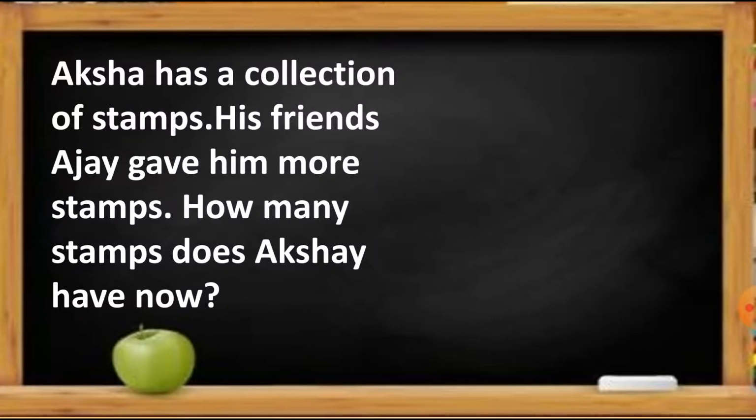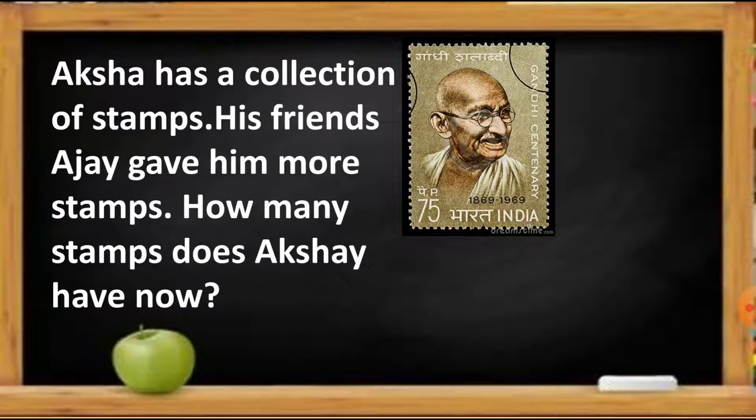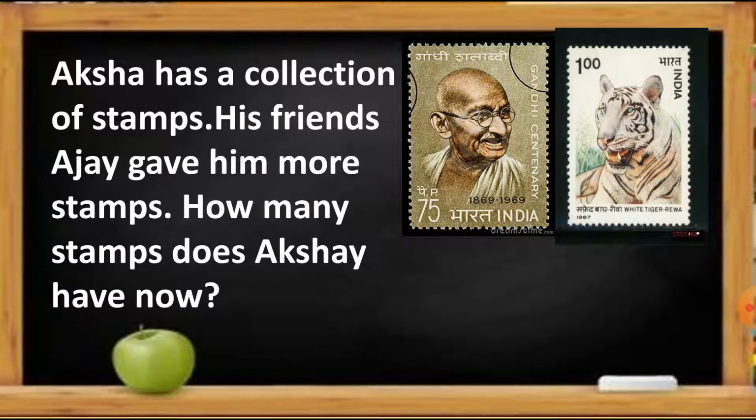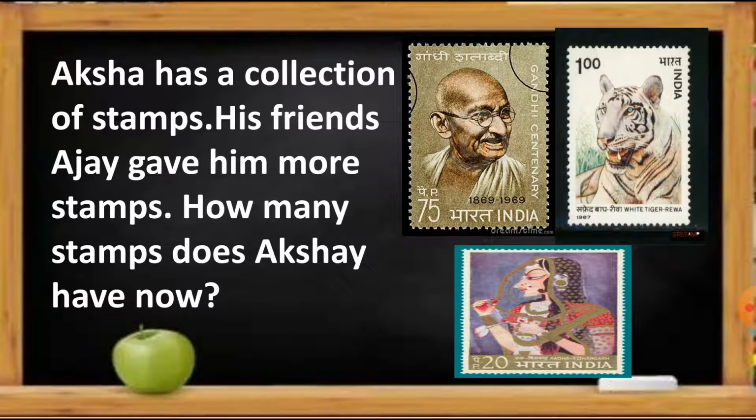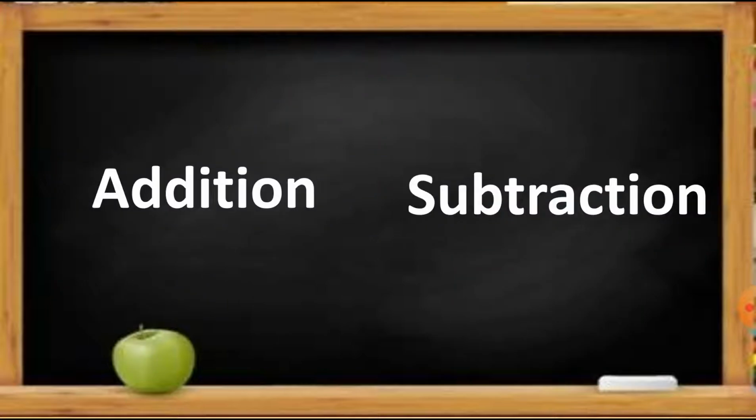Do you want to see the stamps? See, here are the stamps. I showed you the stamps before, but I am showing them again. These are Indian stamps, students. Akshay already has some stamps, and Ajay gave him more stamps. So how many stamps does Akshay have in total?